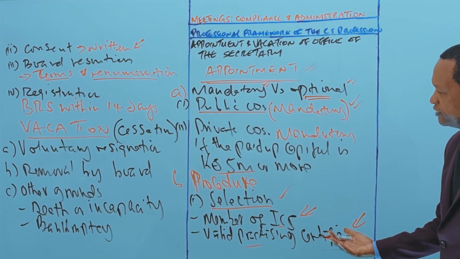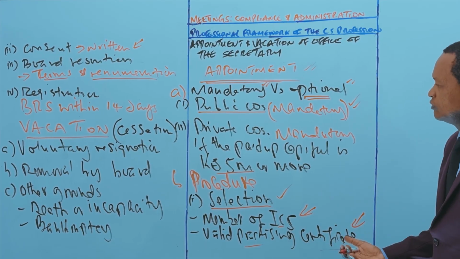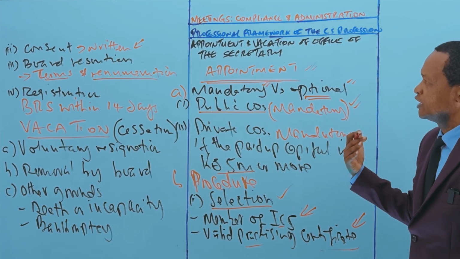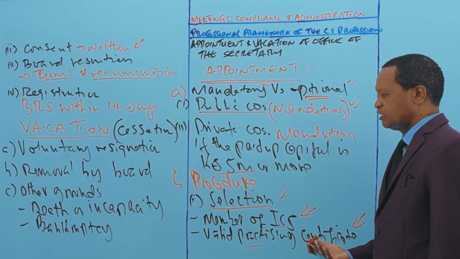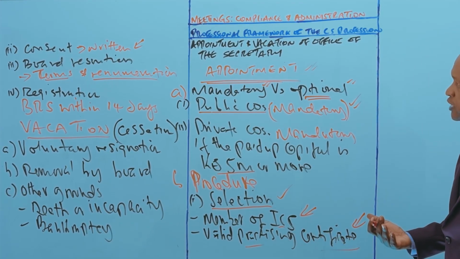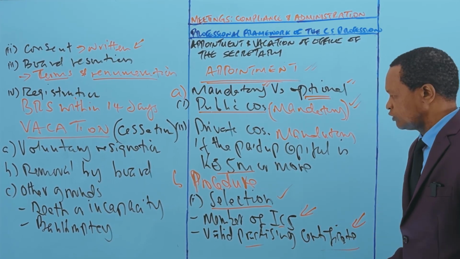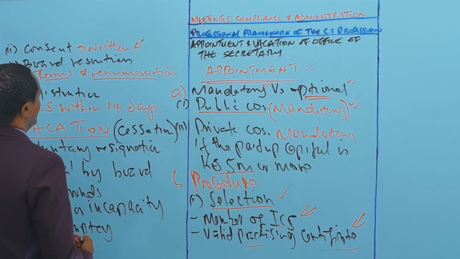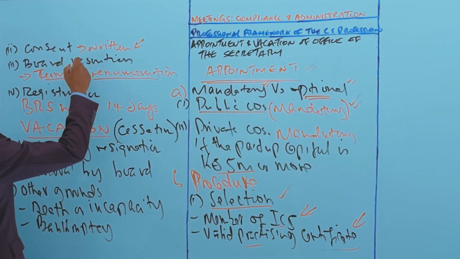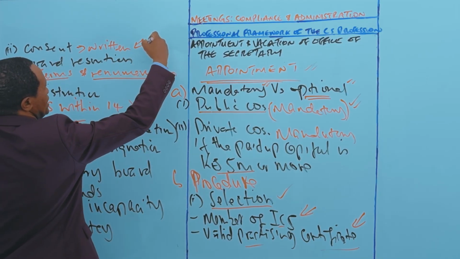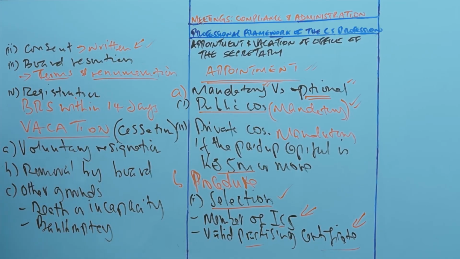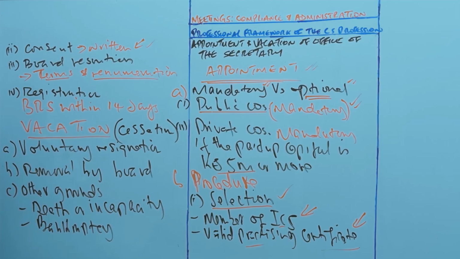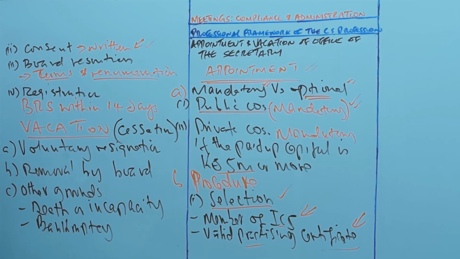So after the selection, the natural person is informed of the selection, and is then required to submit a written consent to the board.